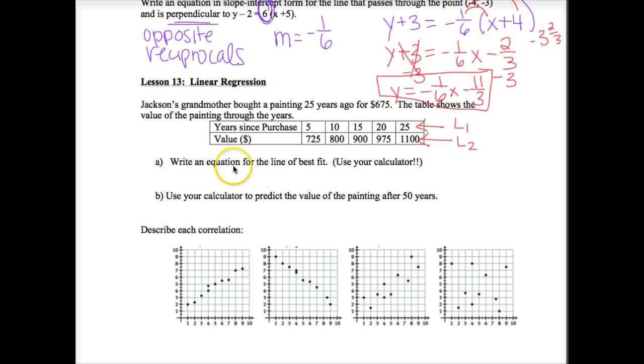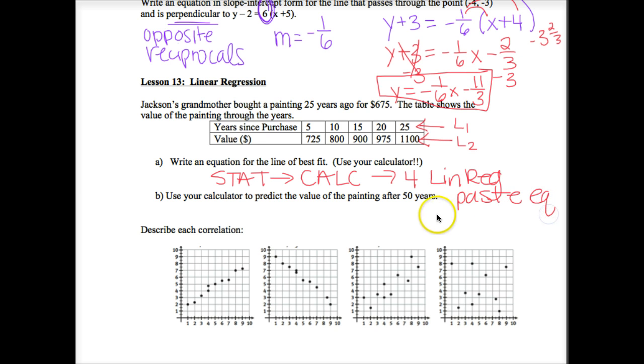To get the equation for the line of best fit, you go to stat, and then you scroll right to the calc menu, and then you choose choice 4, which is LinReg. Once you do that, do not forget to paste the equation into your y1. You do that by pressing vars, scrolling right to Y-vars, then choosing choice 1 for function, and then choosing y1.